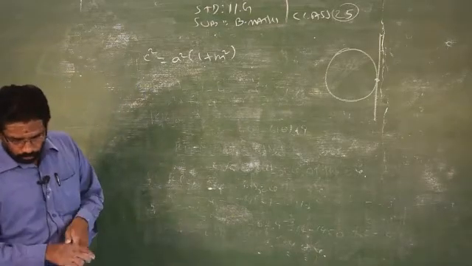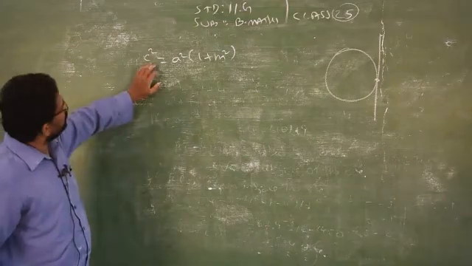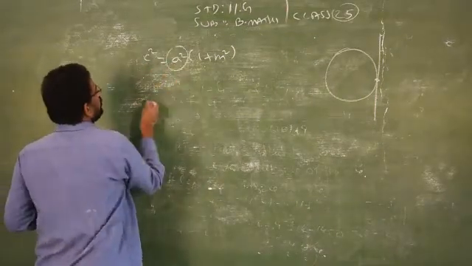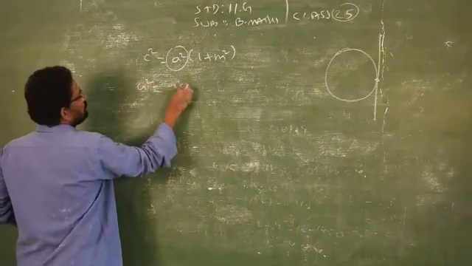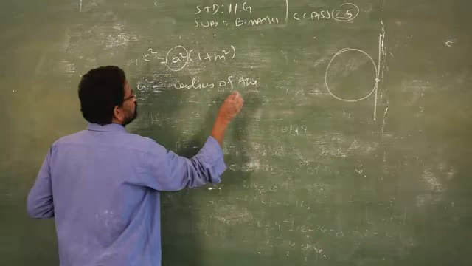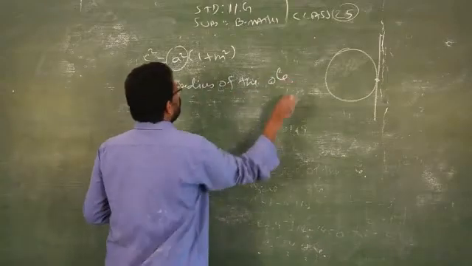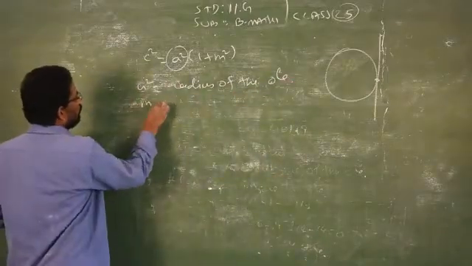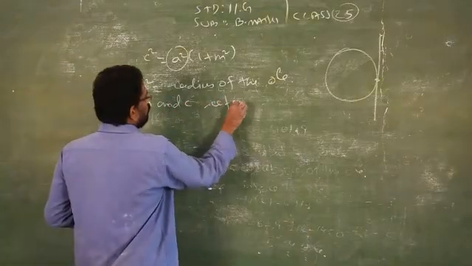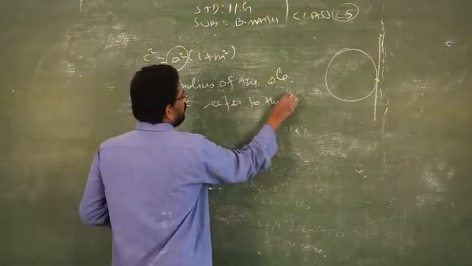Clear? Now, the condition is C square is equal to A square. This A square refers to the radius of the circle. M and N, C refer to the straight line.